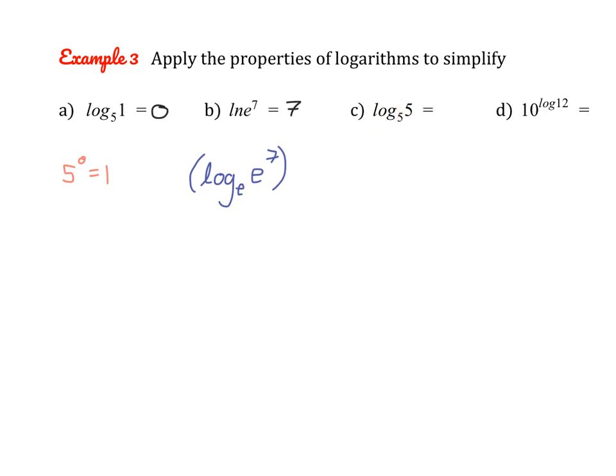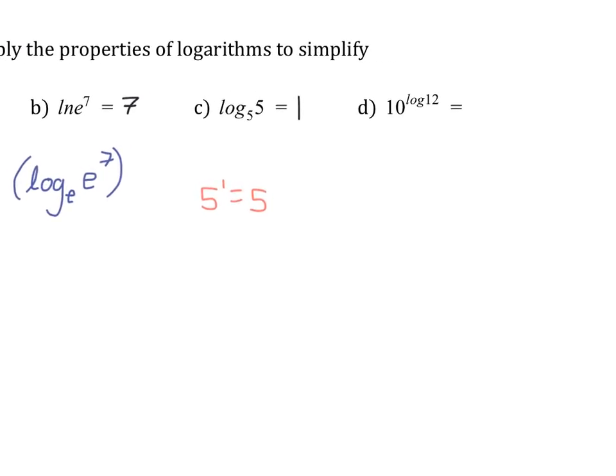Here, for part C, log base 5 of 5. Remember, anytime the base and this number are the same, the logarithm is equal to 1, because 5 to the power of 1 equals 5, or anything to the power of 1 equals itself. All right, and for part D, this last one, I see 10 to the power of log of 12.